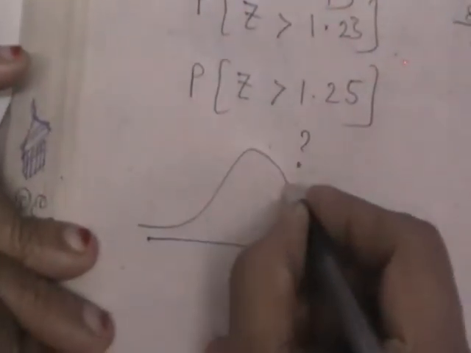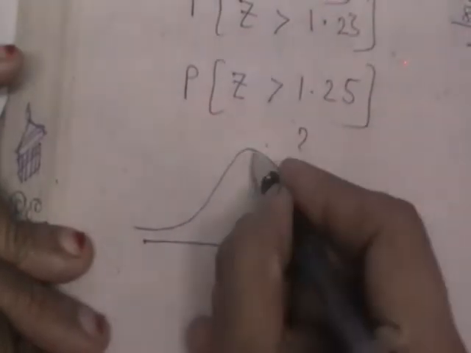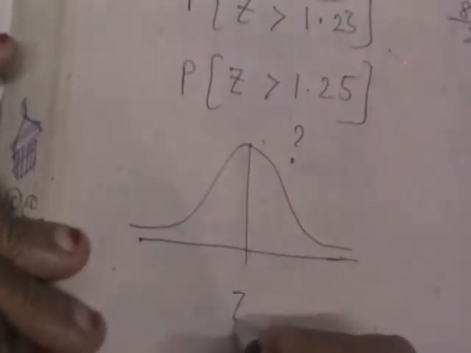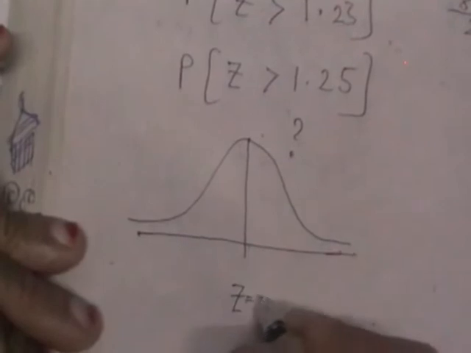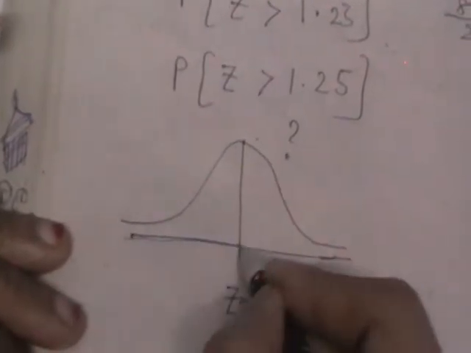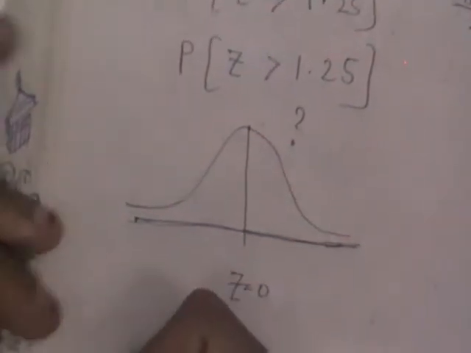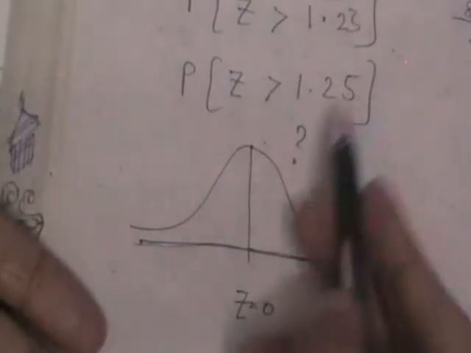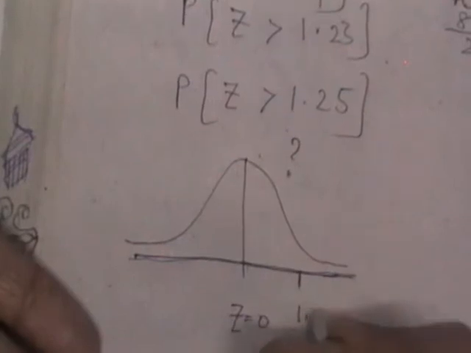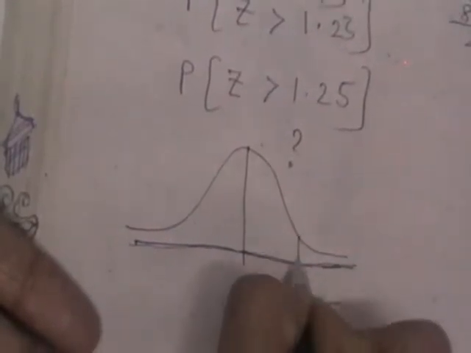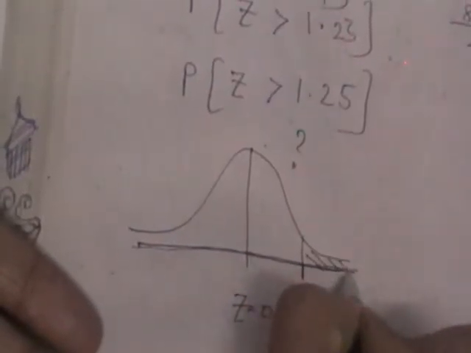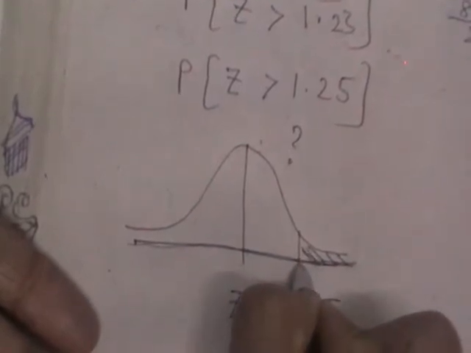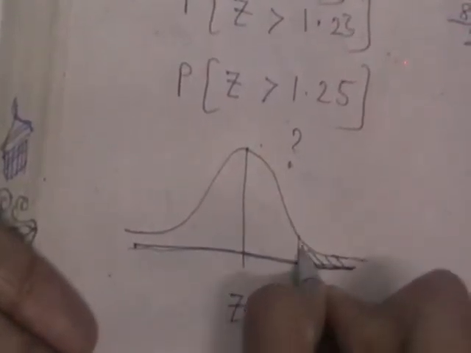So in the previous video I said that it is a symmetric curve. Always this is about Z equal to 0. The area on the left tail is same as the area on the right tail. Let us say that we have 1.25 here. Z greater than 1.25 means you need to find out this value. From here, this part you need to calculate.